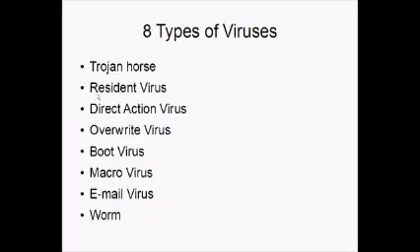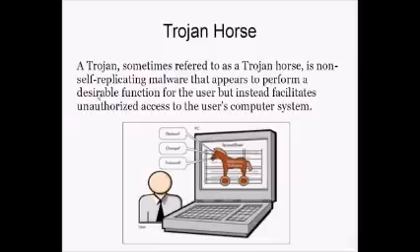The types of viruses are Trojan horses, resident viruses, direct action viruses, overwrite viruses, boot, macro, email viruses, and of course your everyday worm. A Trojan, referred to as a Trojan horse, is non-self-replicating malware that appears to perform a desirable function for the user, but instead facilitates unauthorized access to your computer system.